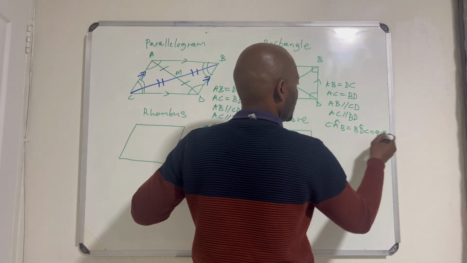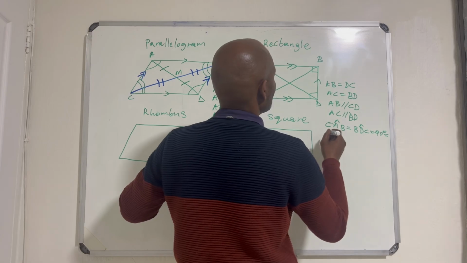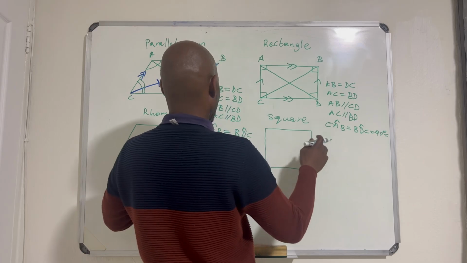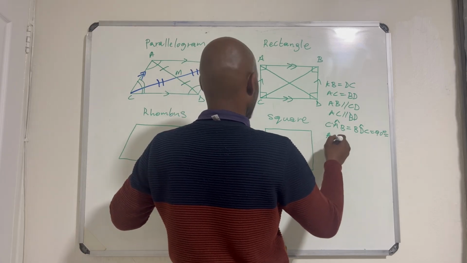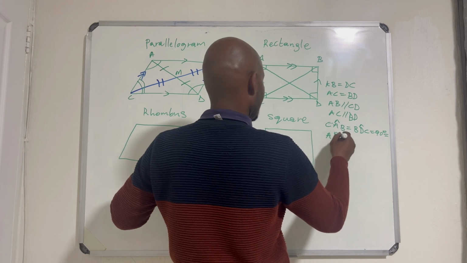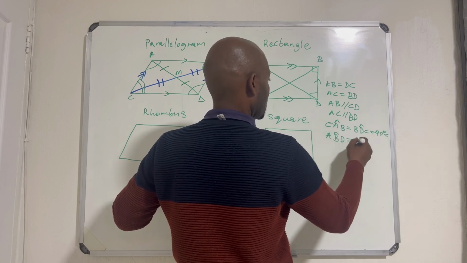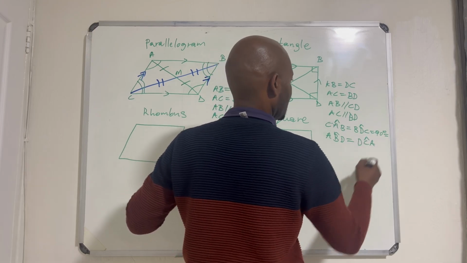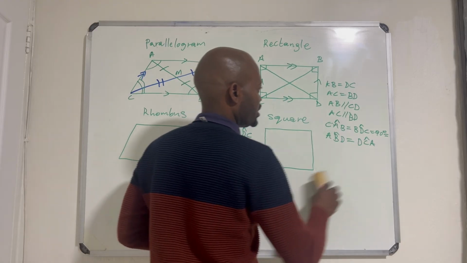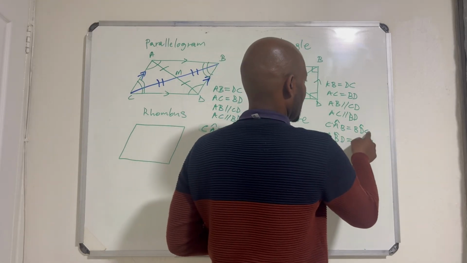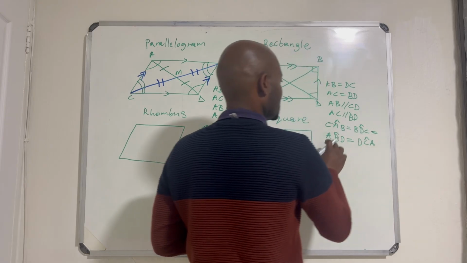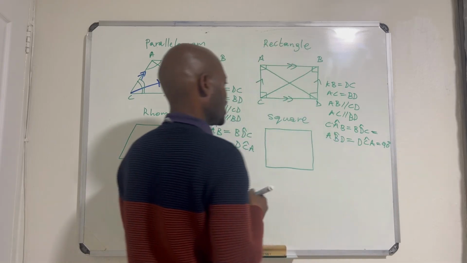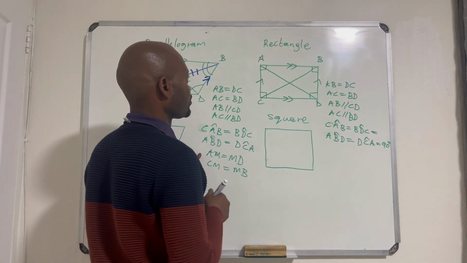Also, angle ABD is equal to angle DCA. All these angles are equal to 90 degrees.